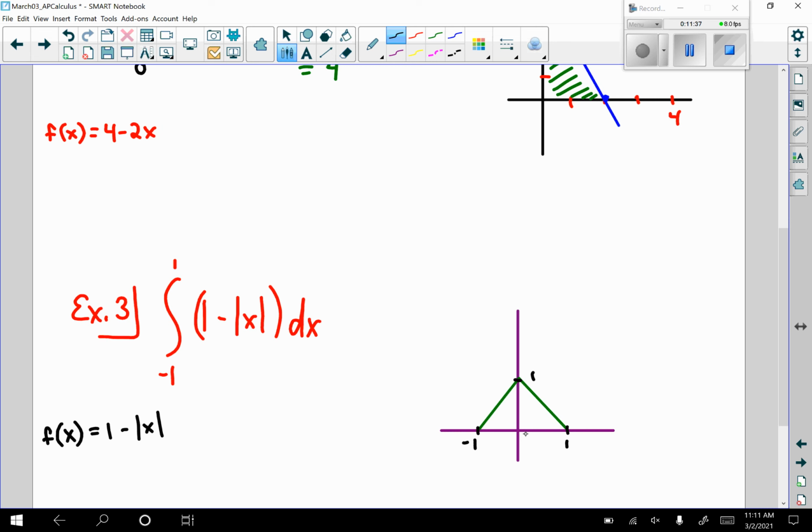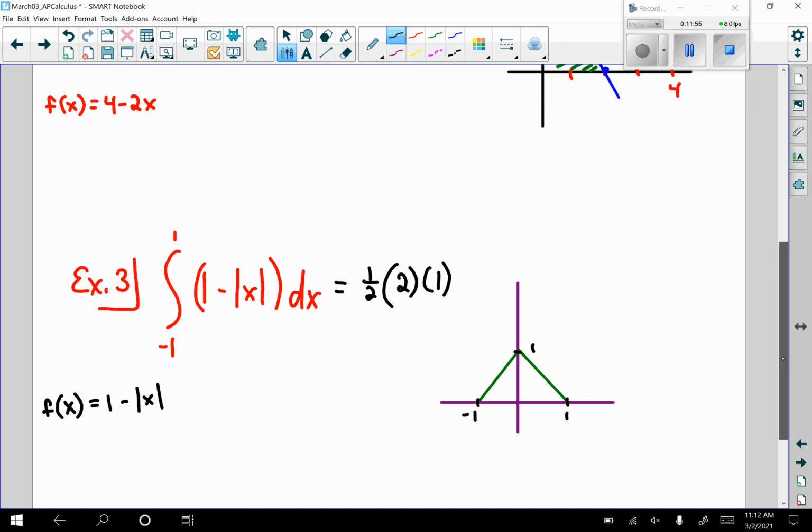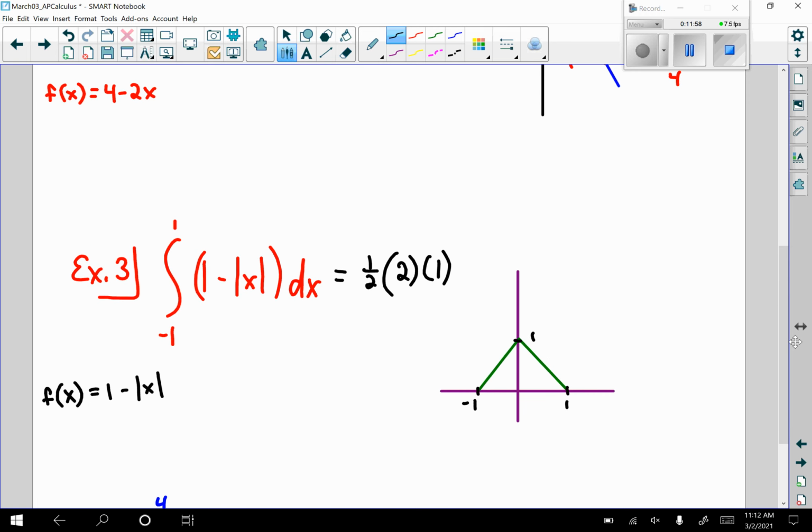But now if you notice, we created one large triangle, or you can look at this as 2 separate triangles. Let's do this as just one large triangle. So this will now become 1/2. Our base is 2, and our height is 1. But you can pause the video to get the sketch of this graph. And this should just equal a 1.